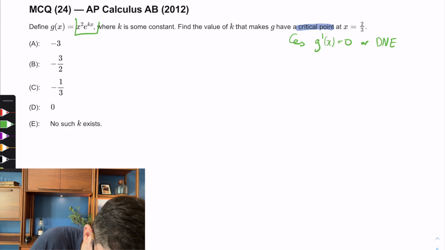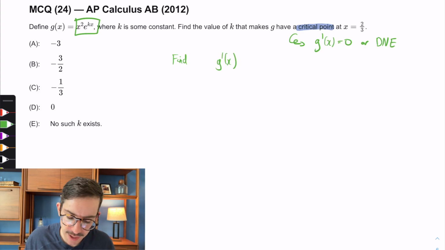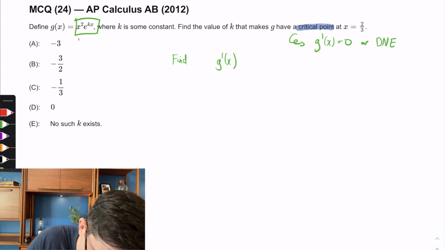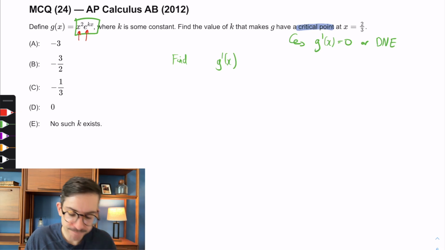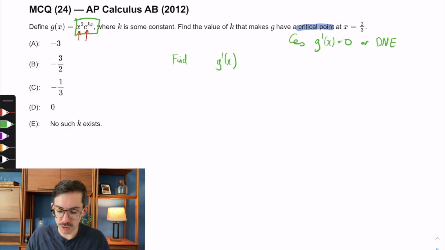So using my rule for g of x, we're going to find g prime of x. Now notice this is a product. I have two factors multiplying together, so I'm going to use the product rule.